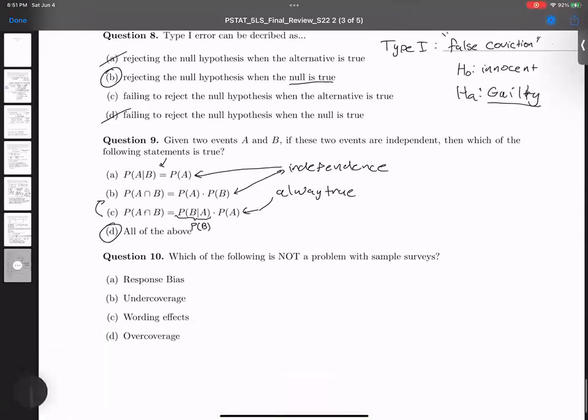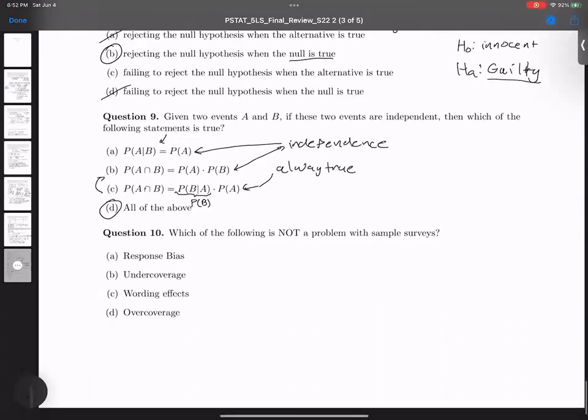Okay, and then the last one is a terminology question. Which of the following is not a problem with sample surveys? Response bias, undercoverage, wording effects, or overcoverage?